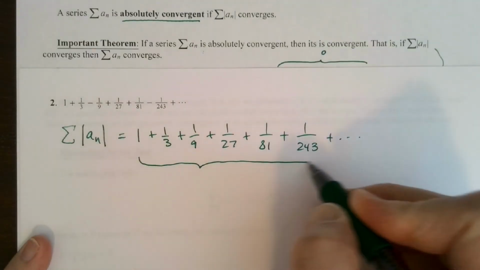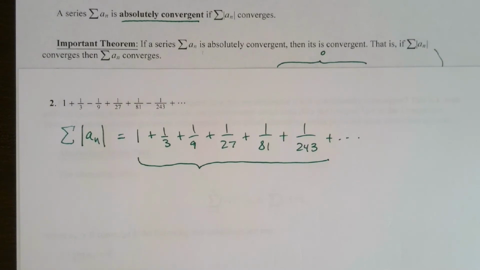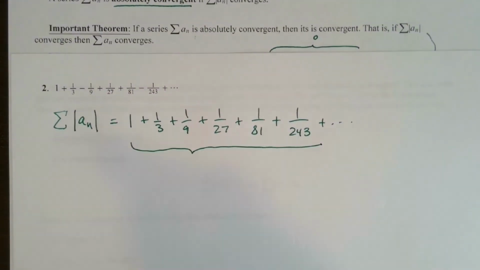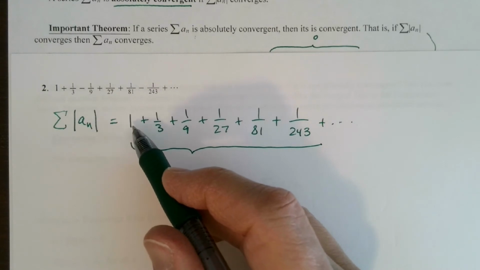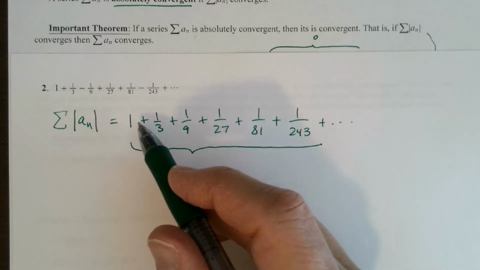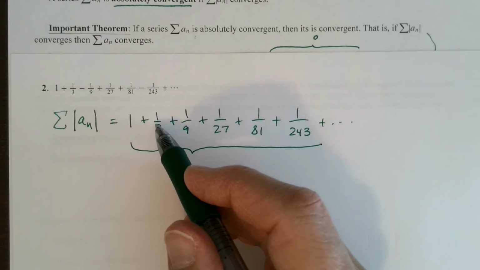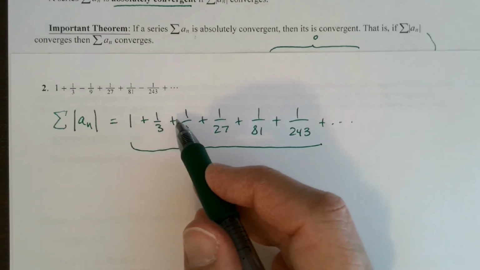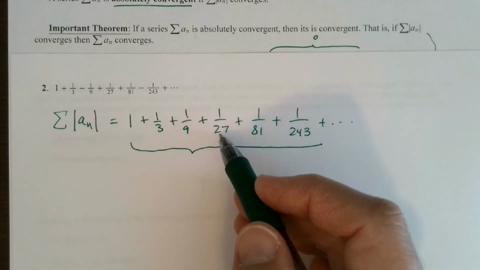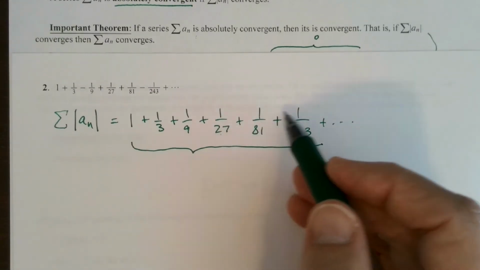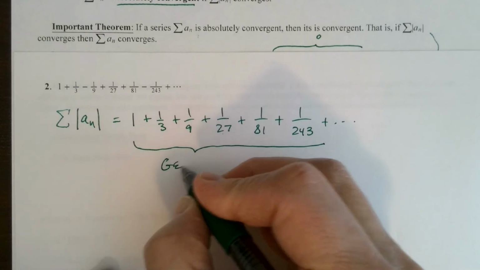Do you recognize what type of series this is? It's one of the first ones we looked at. It's geometric. The second term is 1/3 times the first term. Third term is 1/3 times the second. 1/3 times 1/9 is 1/27. 1/3 times 1/27 is 1/81.